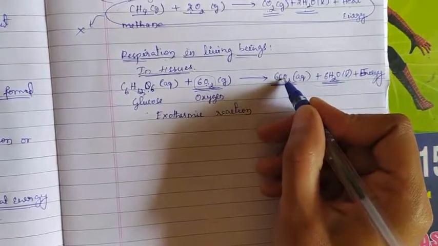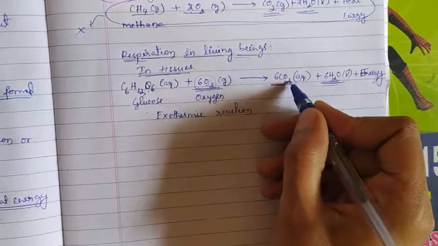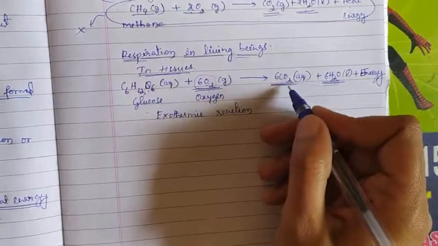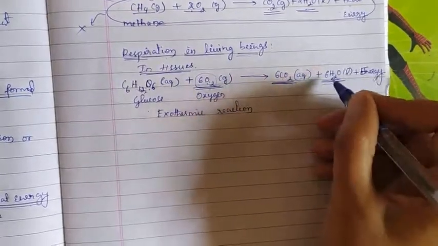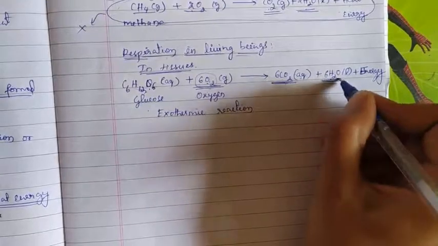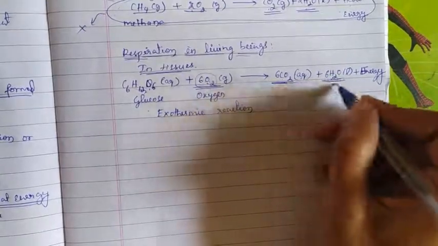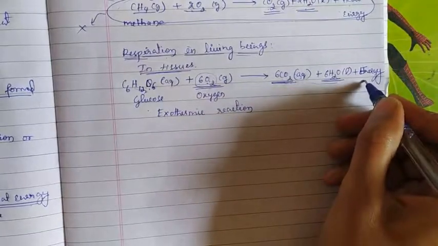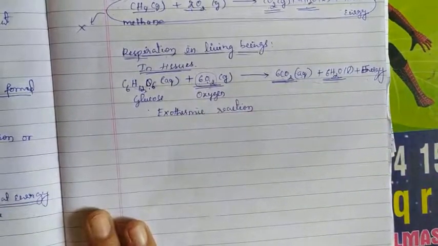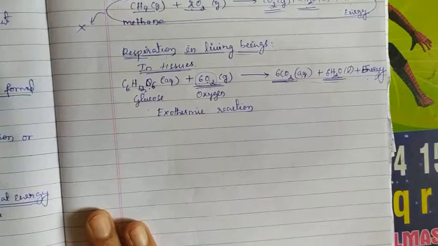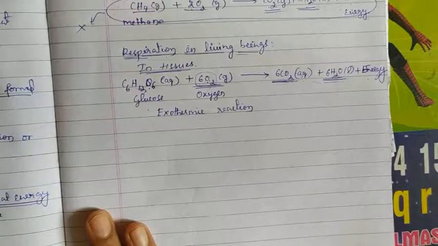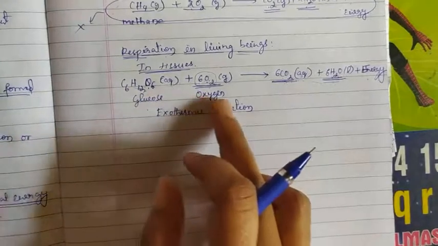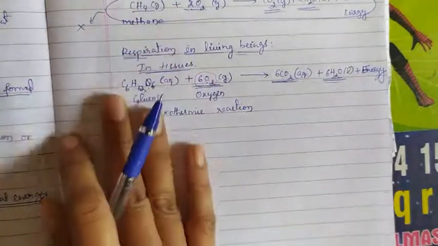After the release of carbon dioxide, it is converted into carbonic acid. Along with this, water is formed. Along with the formation of these two products, energy is released. This is all about exothermic reactions.